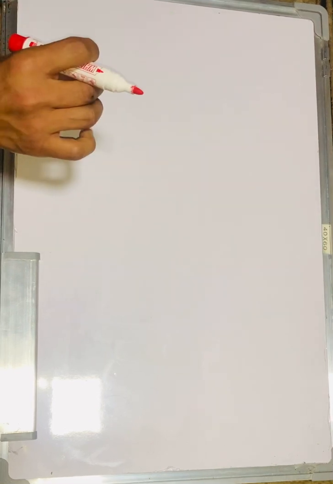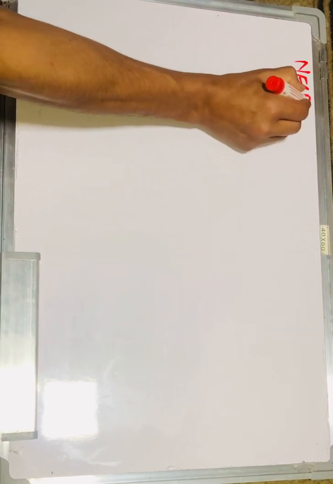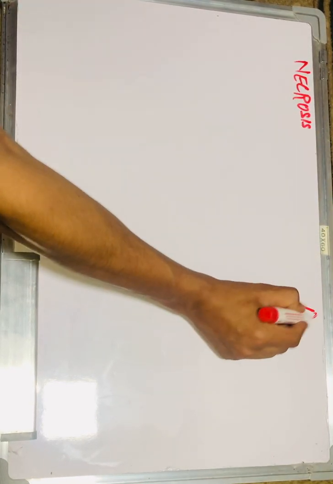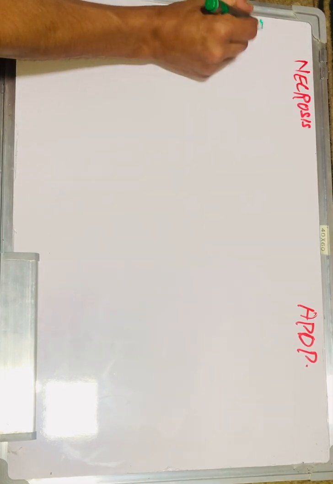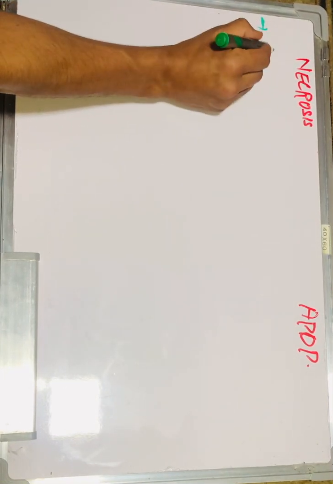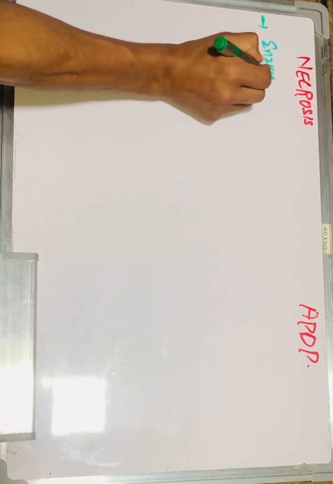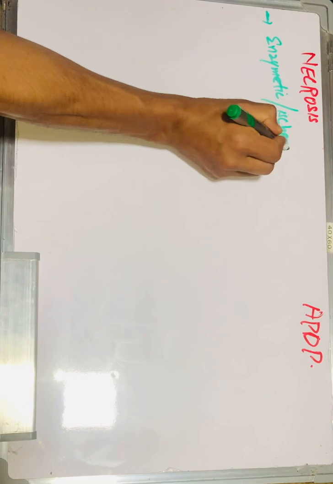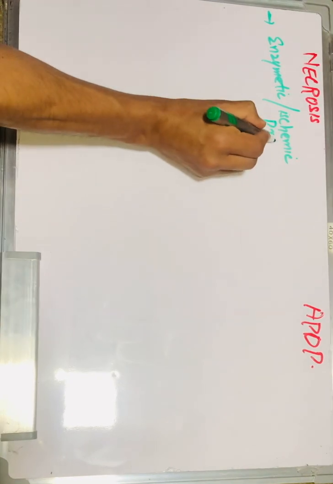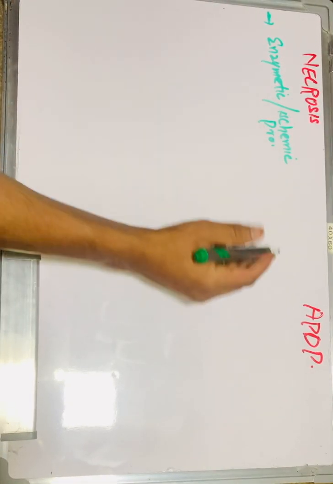Now as we have discussed necrosis, and also apoptosis, we will find out a few differences between necrosis and apoptosis. Number 1, necrosis is an enzymatic or ischemic process.